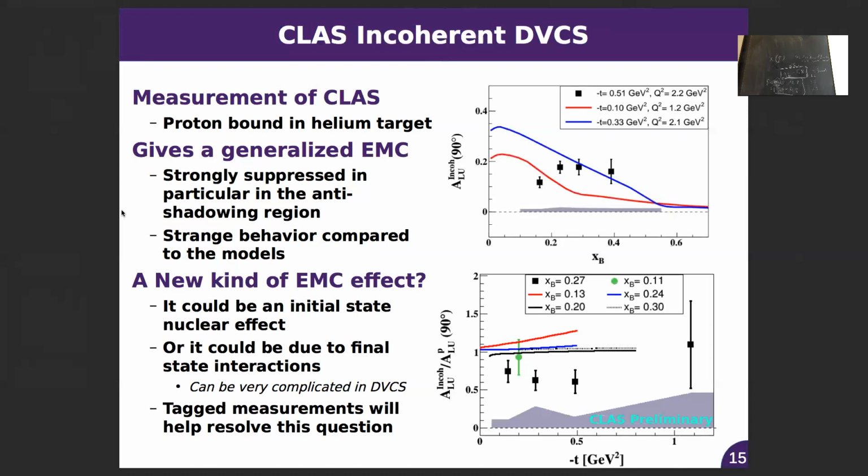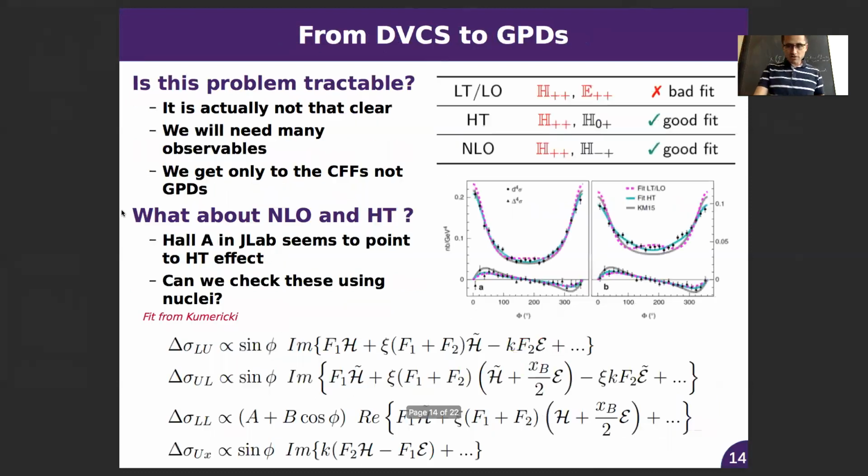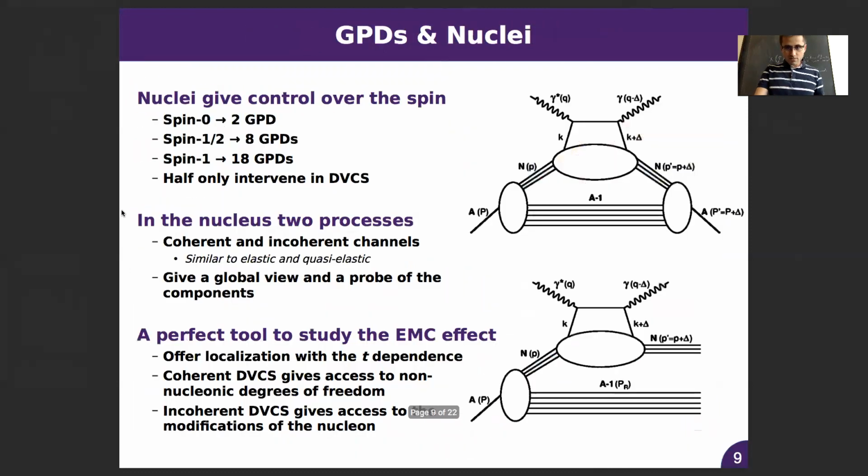Yeah, but actually that connects to this diagram. If you look at this nuclear DVCS in terms of this diagram, what you get are contributions from GPDs of the nucleon, right? Because you're hitting a nucleon inside the nucleus.